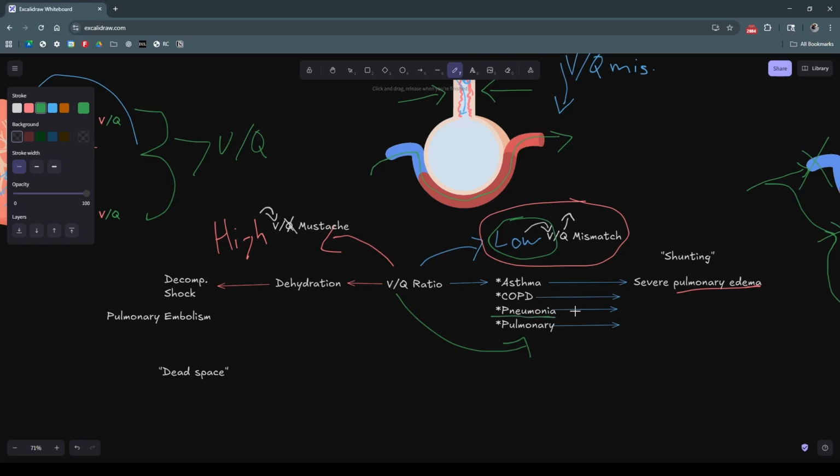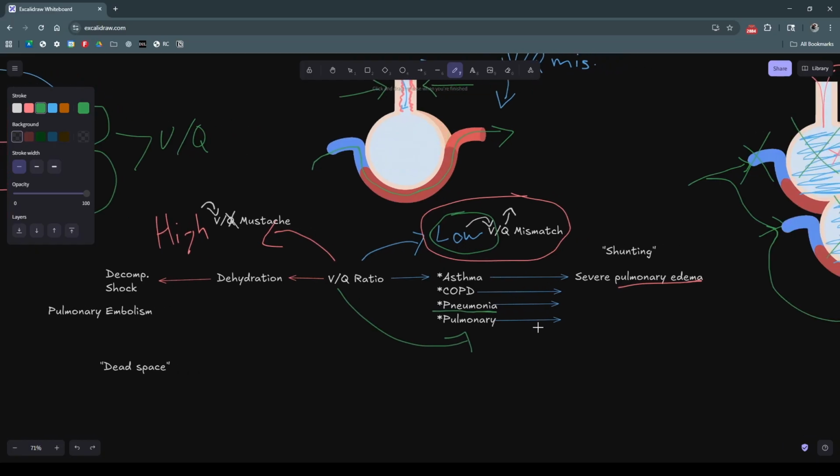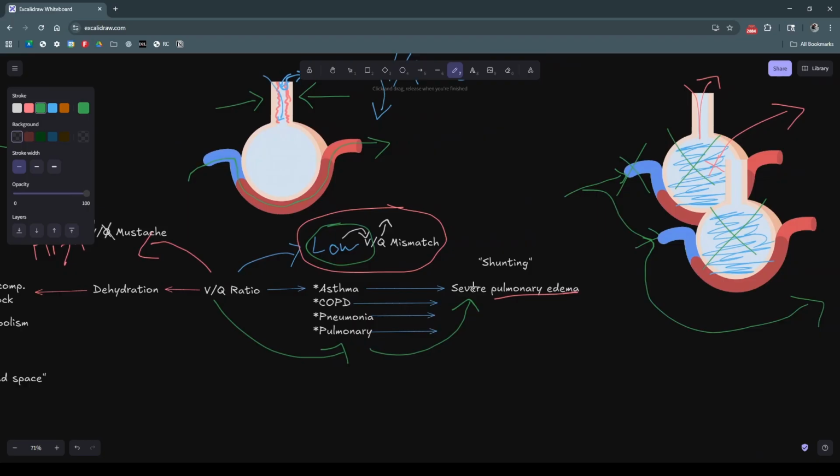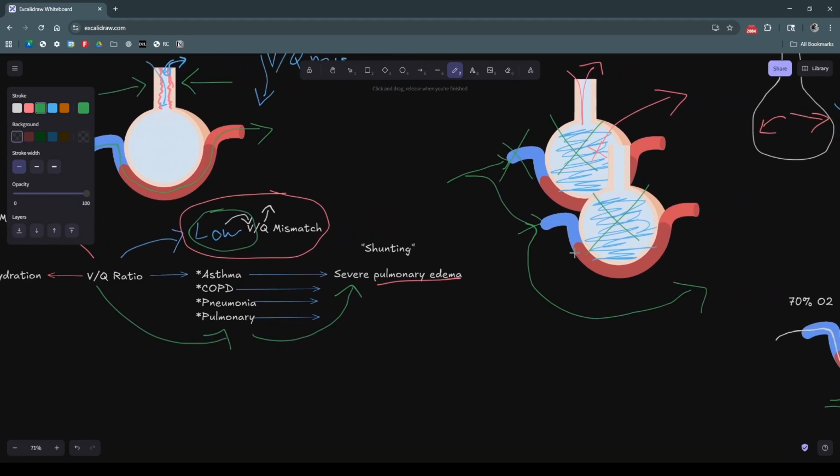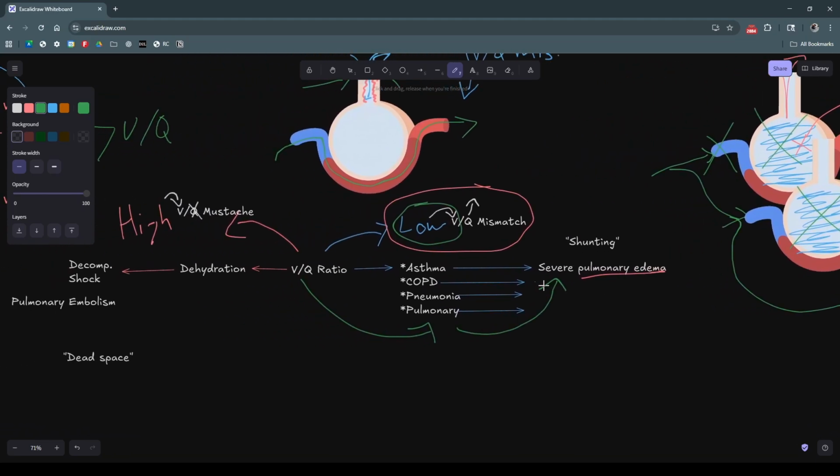With pneumonia, we might even have a more severe issue where we're getting pus filling up here, and literal cellular destruction. We're starting to have all kinds of shifts, pulmonary edema. In any case, all of these things causing a ventilation problem can get so severe as to start experiencing the shunting effect, where blood is literally just diverting around these useless alveolar sacs because there's no ventilation occurring in there.